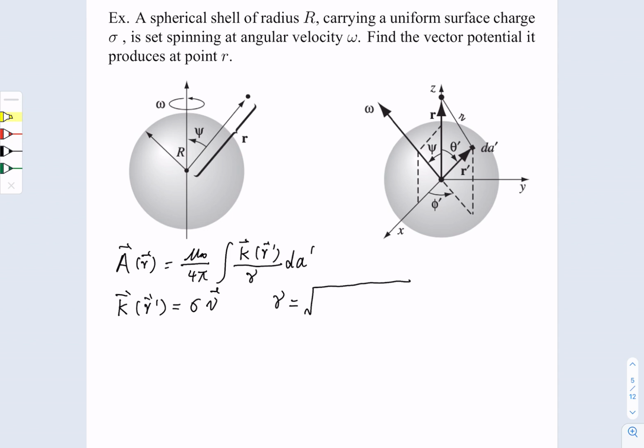So the numerical trick is to align the final observation point along the z-axis. One naive choice would be simply to align the z-axis to the rotational axis. So here on the right-hand side, the rotational axis is off the z-axis.